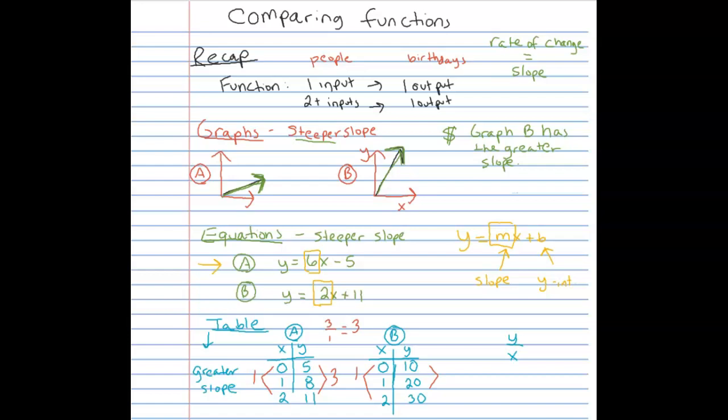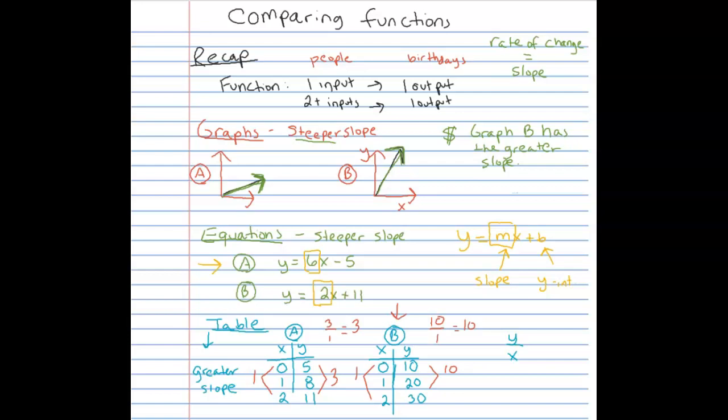How do I go from 20 to 30? I'm going up 10. So for B, I'm going 10 over 1, which is 10. Again, we don't have enough room here, so I'm going to say B has the greater slope.